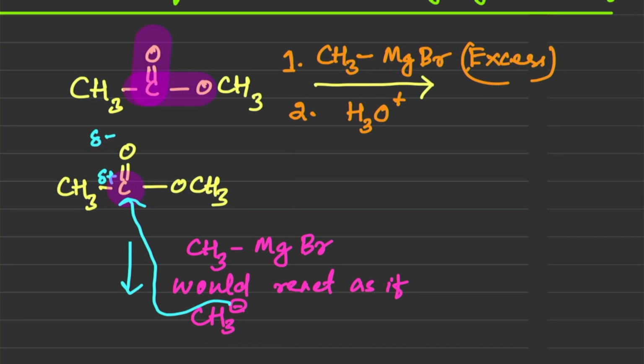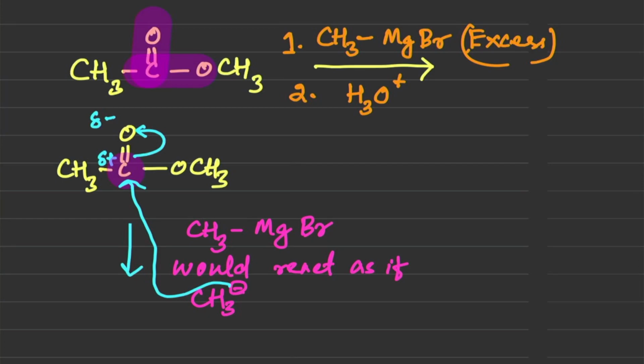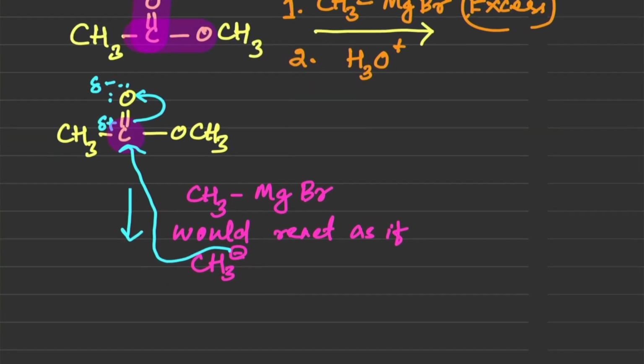As soon as you attack, what would happen? You're going to have 5 bonds here, right? You cannot have 5 bonds on a carbon atom. So to maintain the octet, you will push one of the pi bonds, a pair of pi electrons, towards the oxygen. Oxygen has 2 lone pairs to begin with.